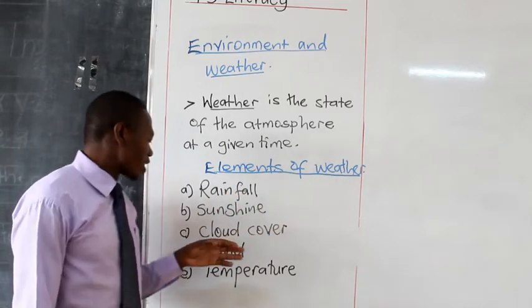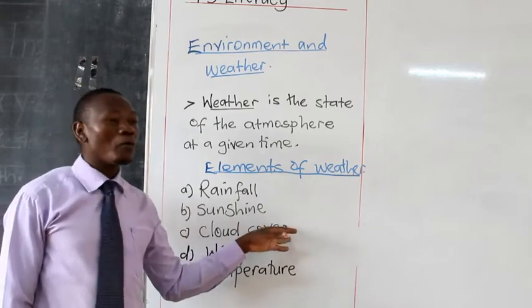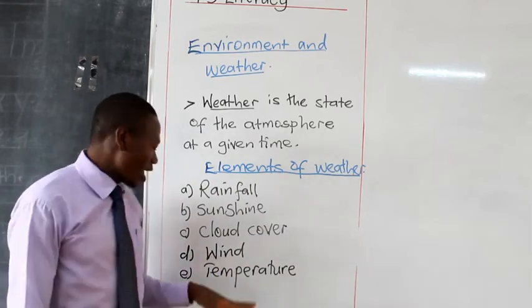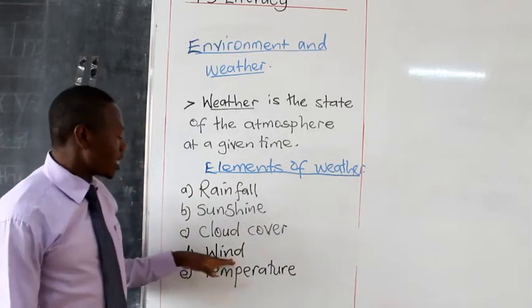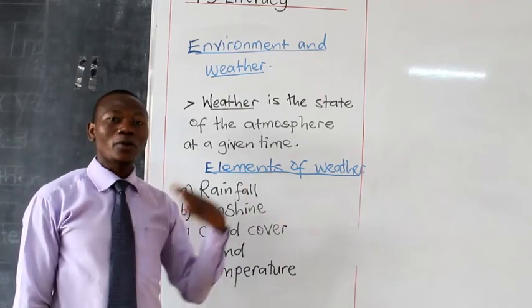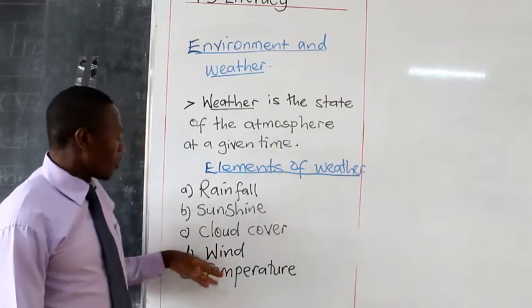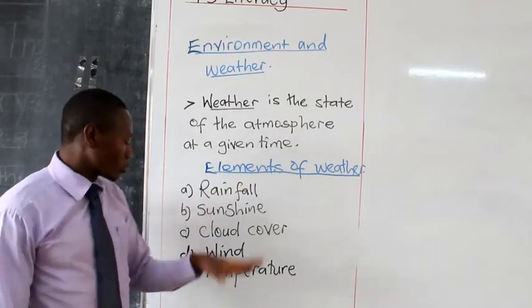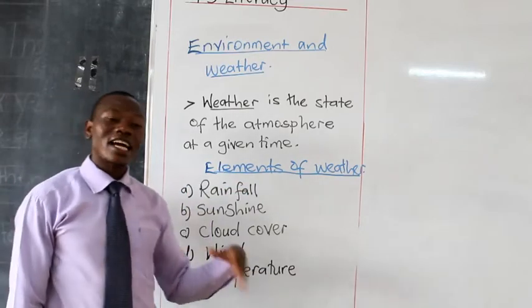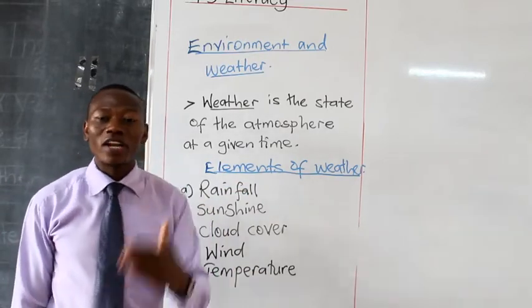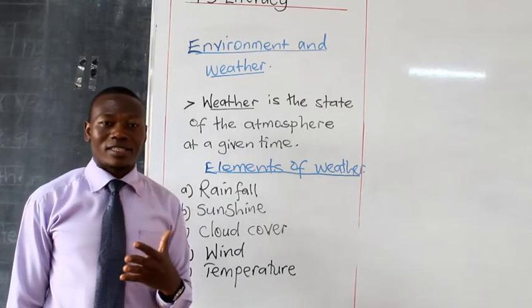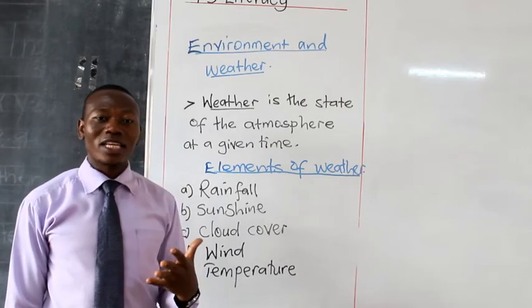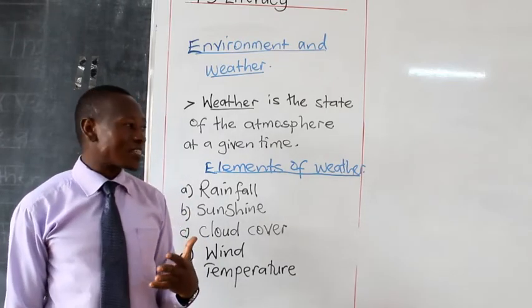Clouds also are formed as a result of changes in the environment. Wind is also a natural air which moves along, or it's just moving air. Temperature is the degree of hotness or coldness of a place, or of a body, if you are talking about science.